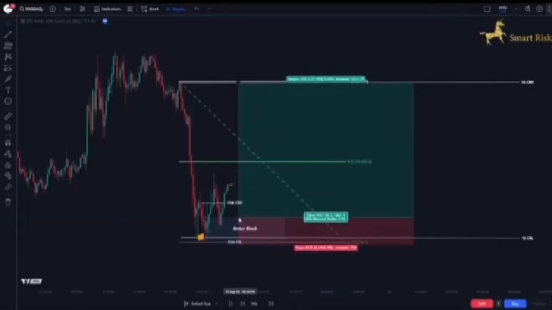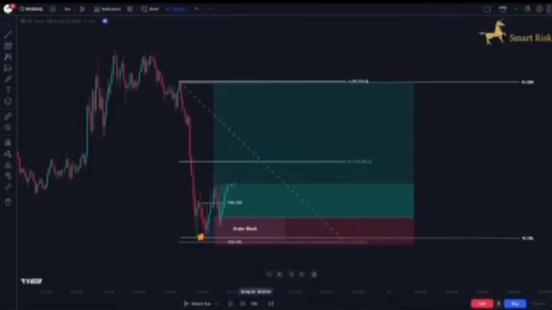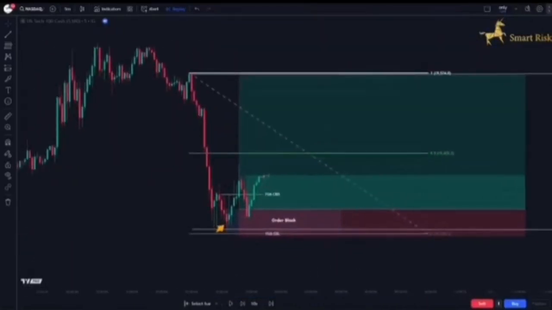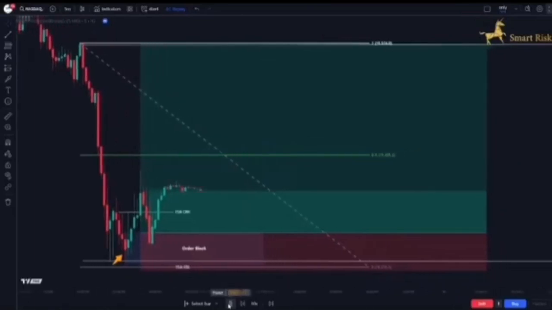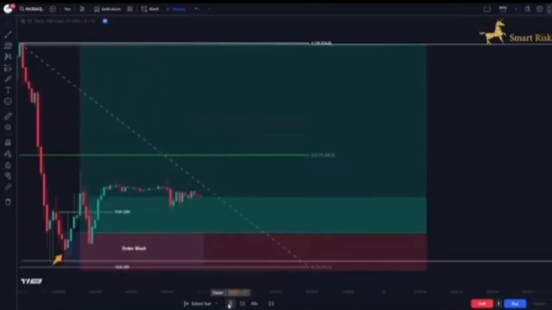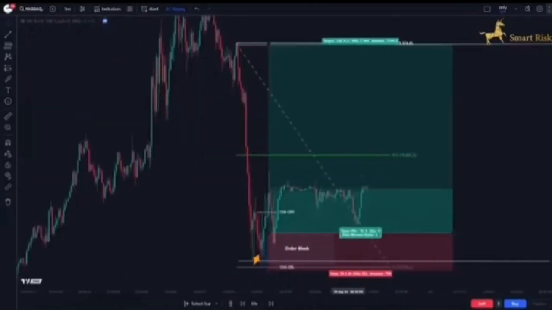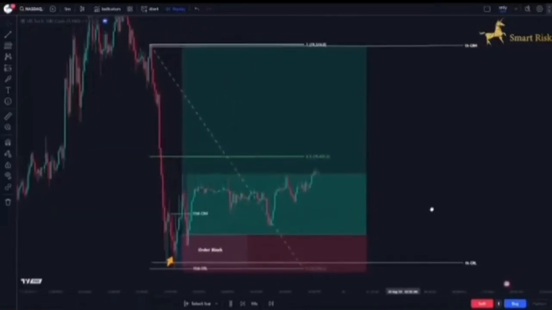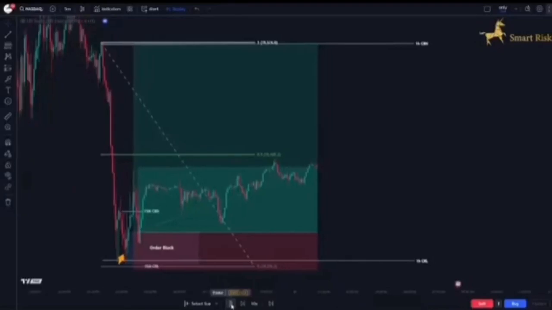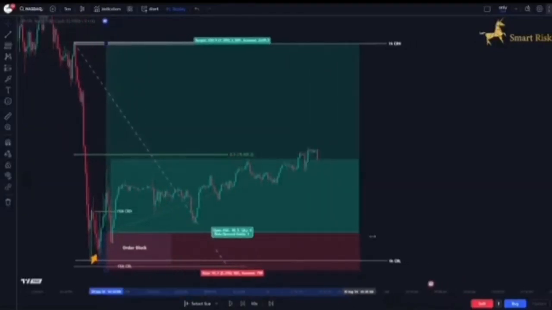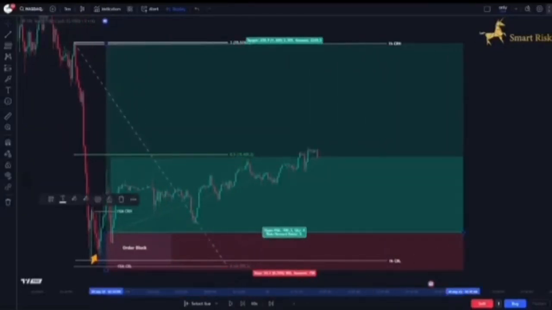As you can see, the price has activated our buy limit order, and we are officially in the market. The first take profit is hit as the price reaches the midpoint of the range.